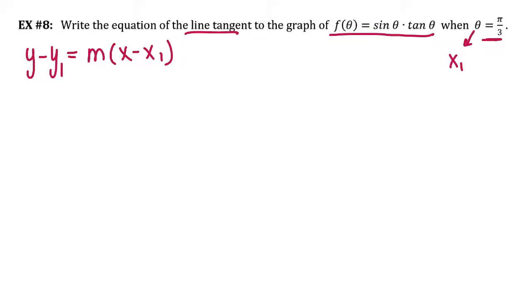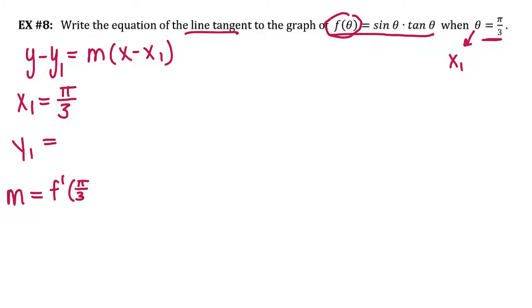That's quite okay. So let's make a list of things we need. We need x sub 1, and that's given to us. It's pi over 3. We need y sub 1. That was not given to us, but we can plug into our function and find it. And then I need my slope, which is f prime's value at pi over 3.